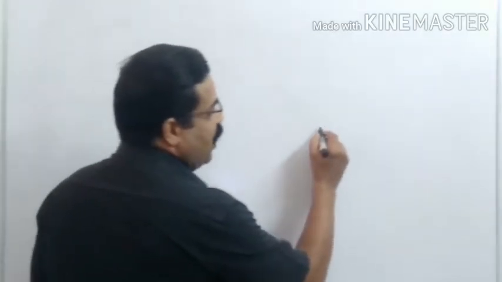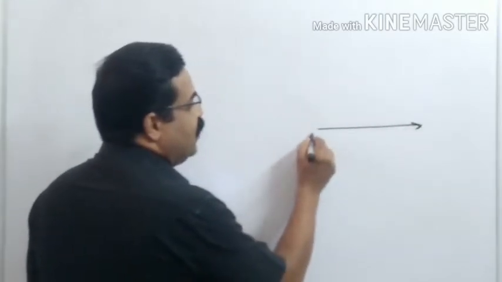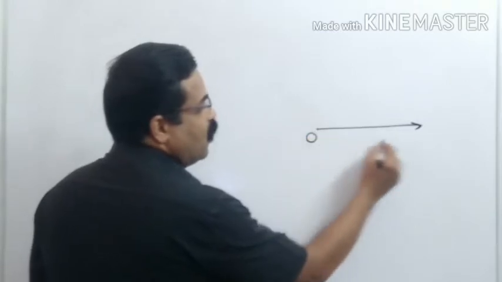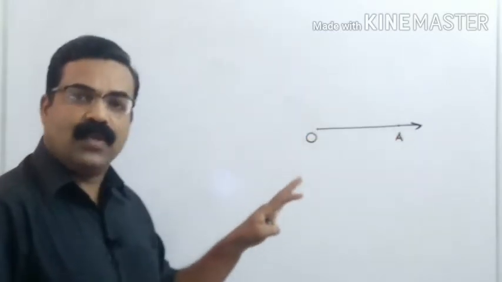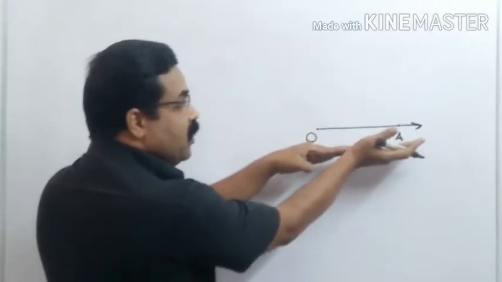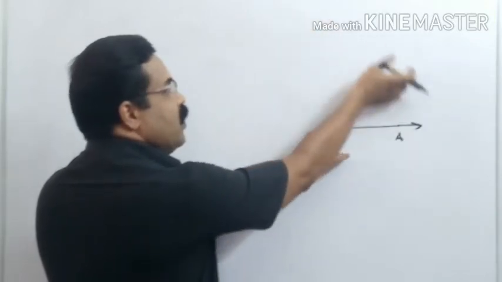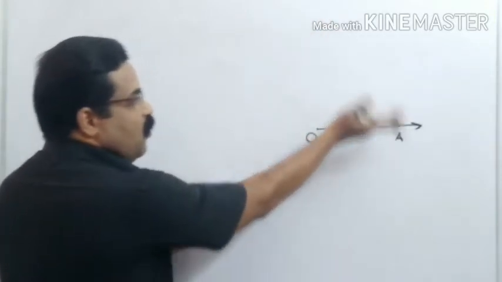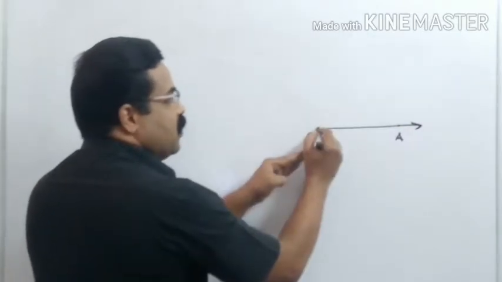So suppose I have an initial side like this. Let this initial side be OA. From OA, to get to the terminal side, I am moving this way. Moving this way means I am moving anti-clockwise. Suppose I am moving up to here and I am reaching here.